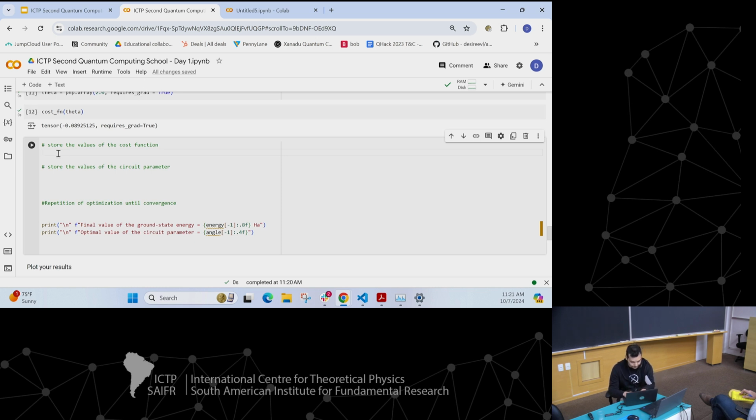So we're going to have an array that's going to store the value of our cost function as we run our repetition. We're going to store the values of the parameters as they get optimized.